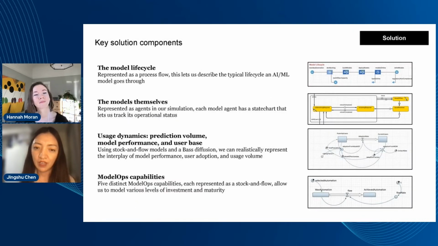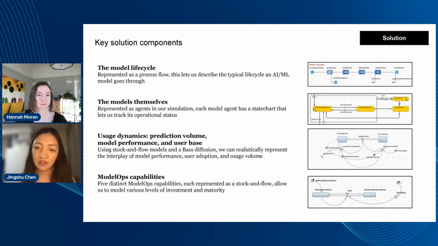Our solution includes four key components. First of all, we have a process flow to describe the typical life cycle of our AI or machine learning model. For each model, we represent it as an agent in our simulation, and it has a state chart to track the operational status. For the usage dynamics part, we have a Bass diffusion model to realistically represent the interplay of model performance, user adoption, and the usage volume.